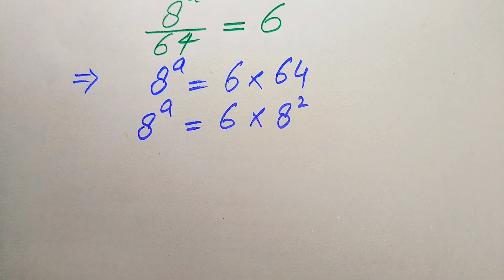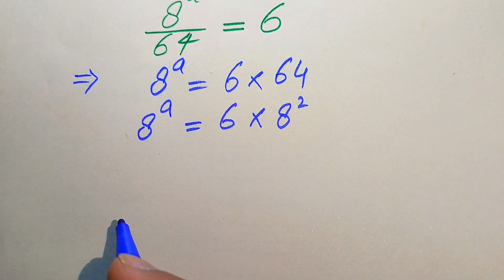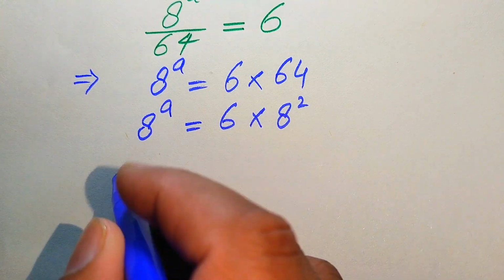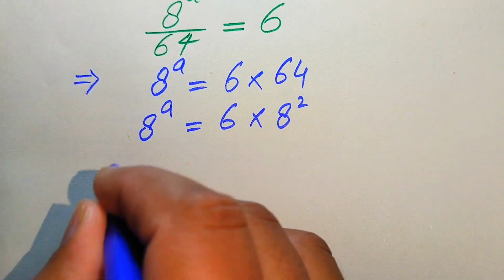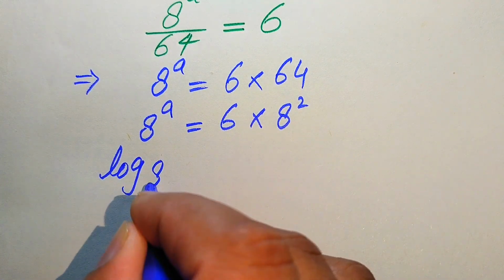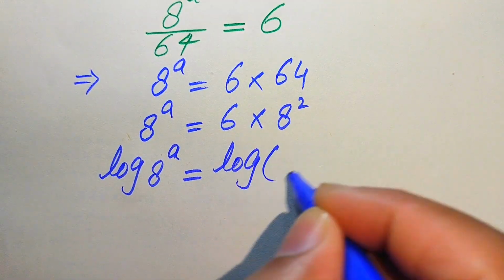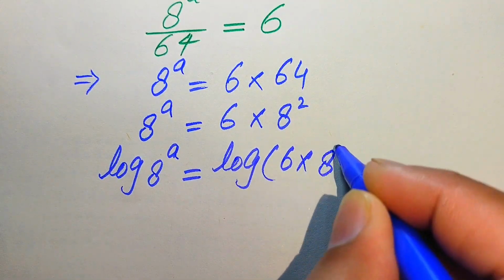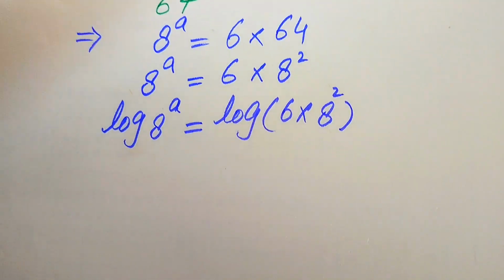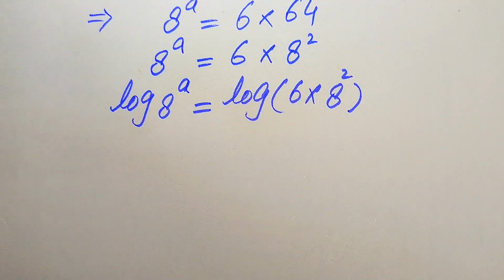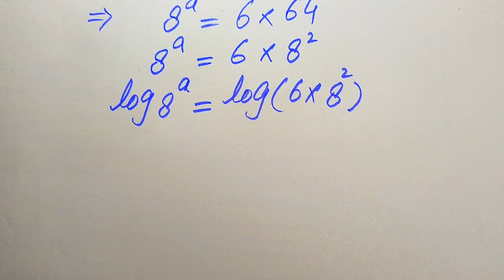For the values of a, we need logarithm, so we apply log on both sides, and it will be written as log of 8 to the power of a is equal to log of 6 multiplied by 8 squared. So here we need some properties of logarithm, and you know about that.